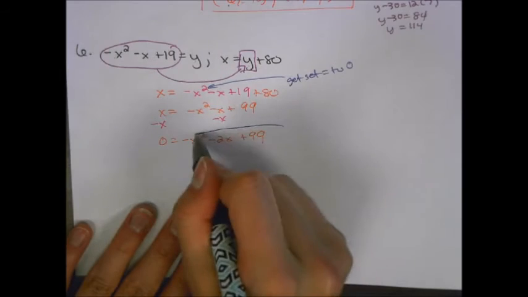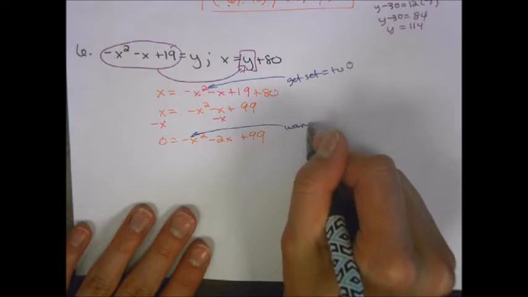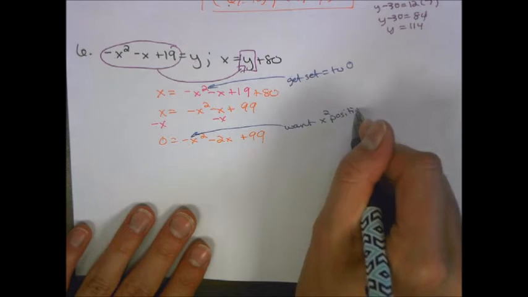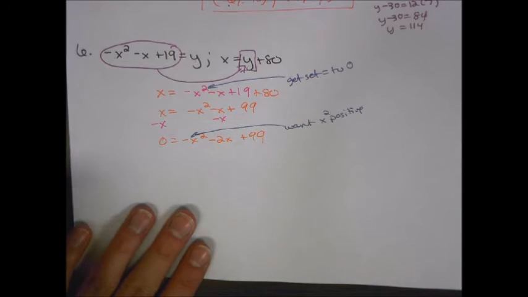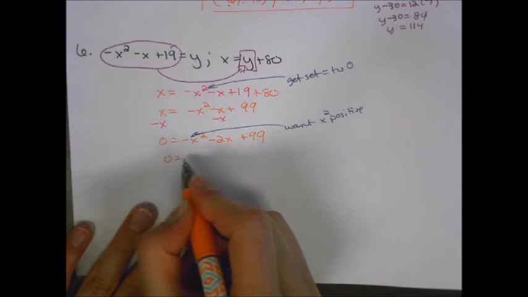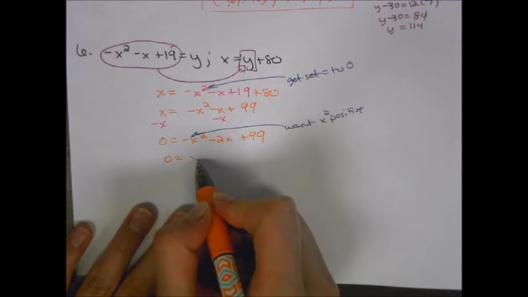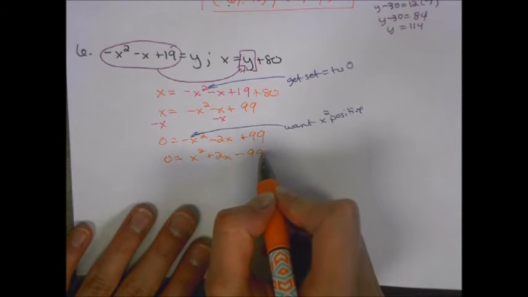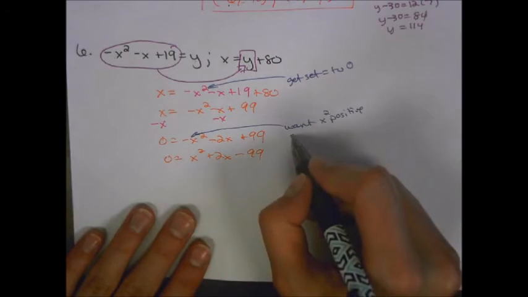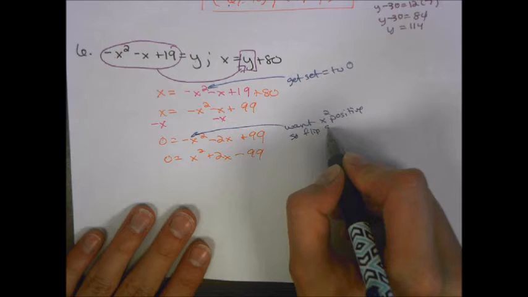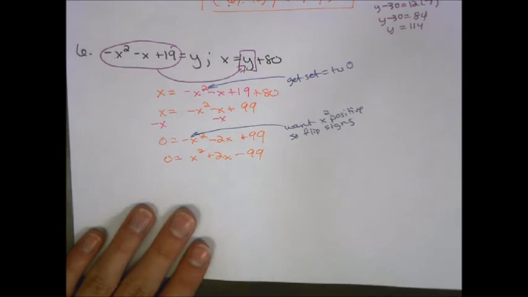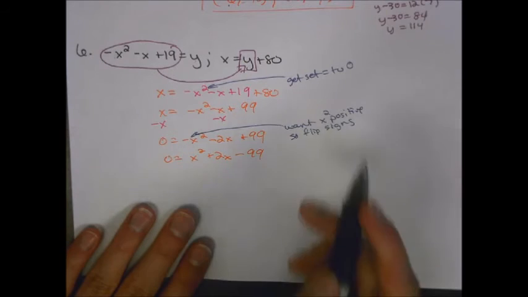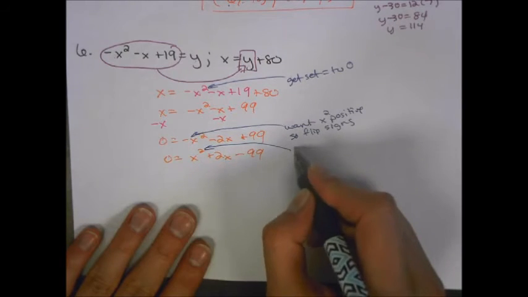Now, we want x squared positive. So to do that, we're going to flip all the signs. X squared, flip, positive 2x, flip, minus 99. Okay, x squared, factor.